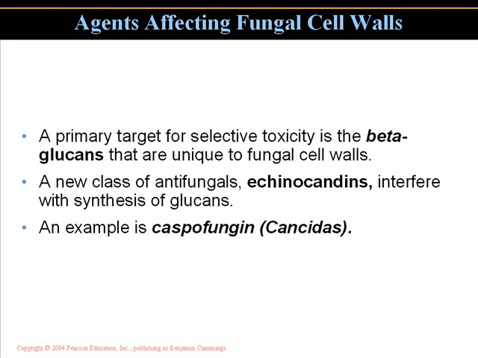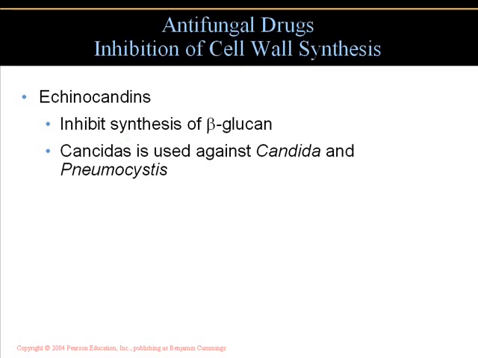Candins interfere with the synthesis of glucans. There are also the echinocandins, such as caspofungin, with the trade name Cancidas, a popularly used agent as well. You can see these agents, especially Cancidas, popularly treating Candida infections.